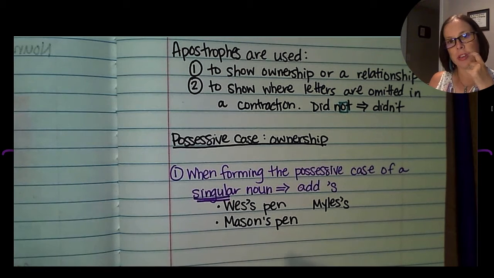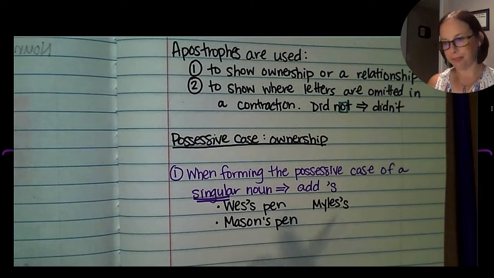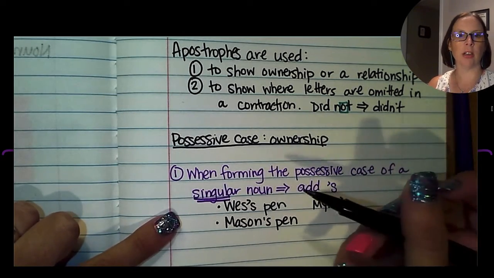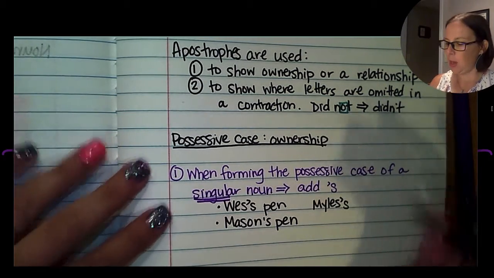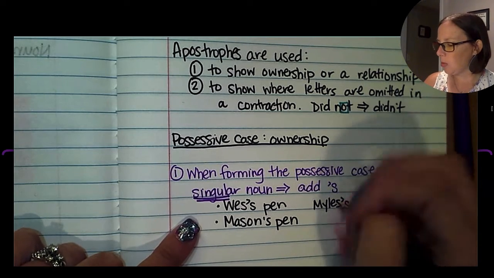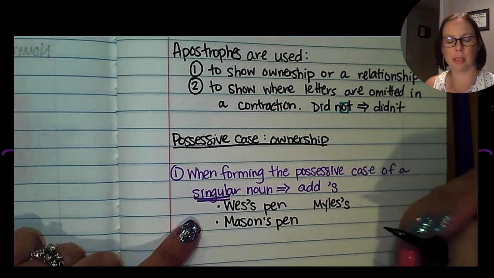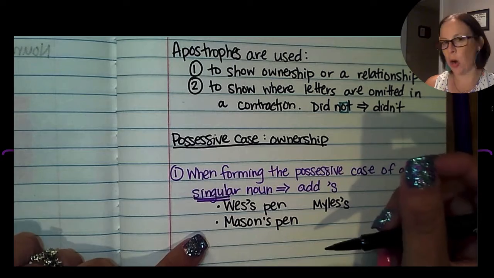Here's the other thing I want you guys to think of. One of the things you are going to be doing in your IXL is trying to decide whether it's plural, singular, or possessive. If I wanted to say, the Thompsons are coming to the party, the Thompsons are not owning anything.